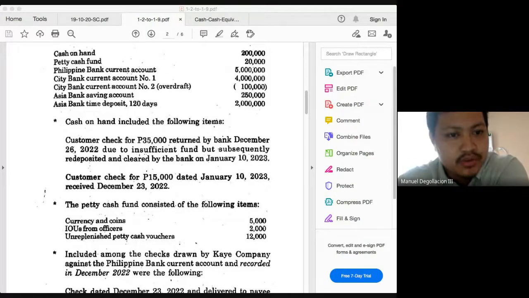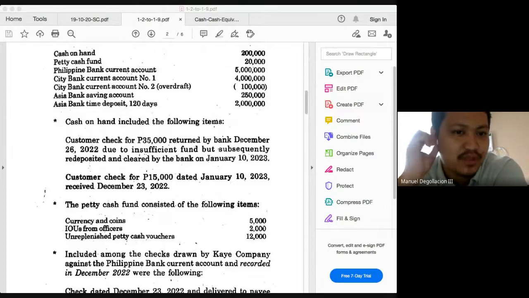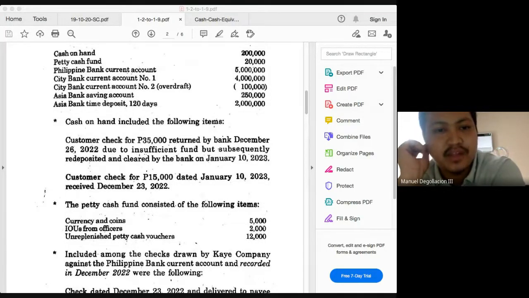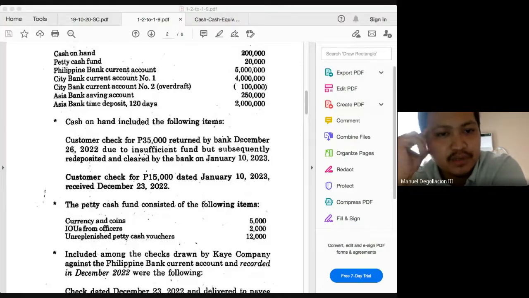So this check came from our customer, and again, we have established that it's fine for our cash balances to include amounts represented by check, so long as they are good checks. But the problem here is that as of 2022, this check in the amount of 35,000 will be considered as an NSF check. And again, NSF checks are not good as cash and should therefore not form part of our cash balance. But what did the problem tell us?